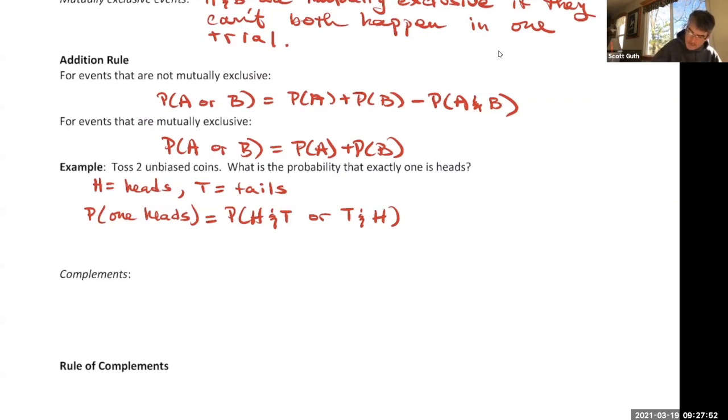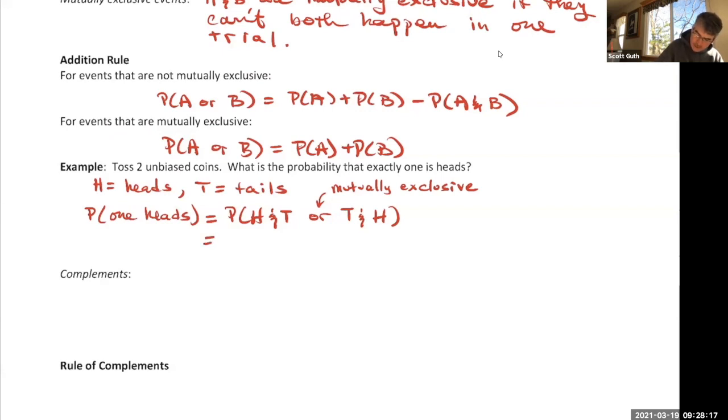Okay, now, when you see or, these events are mutually exclusive. They can't both happen. Okay, a head and a tail, or a tail and a head. It's one of the two, but it's not both. So they mutually exclude each other, and or means add.